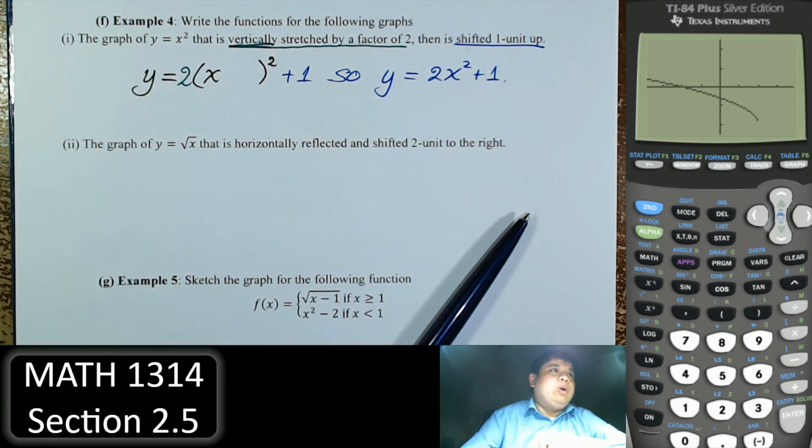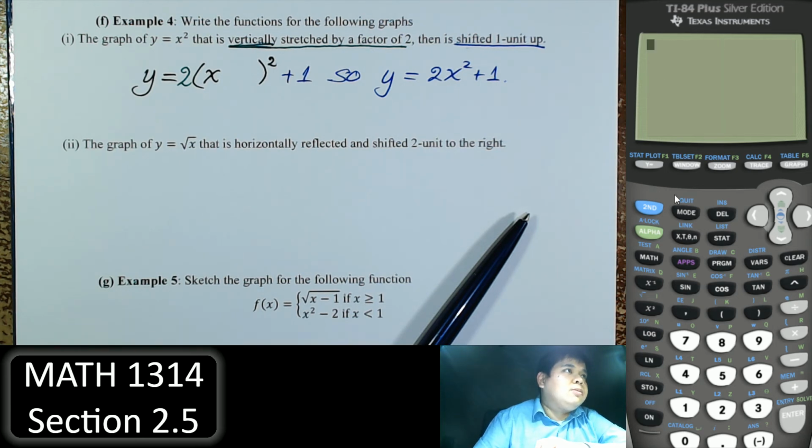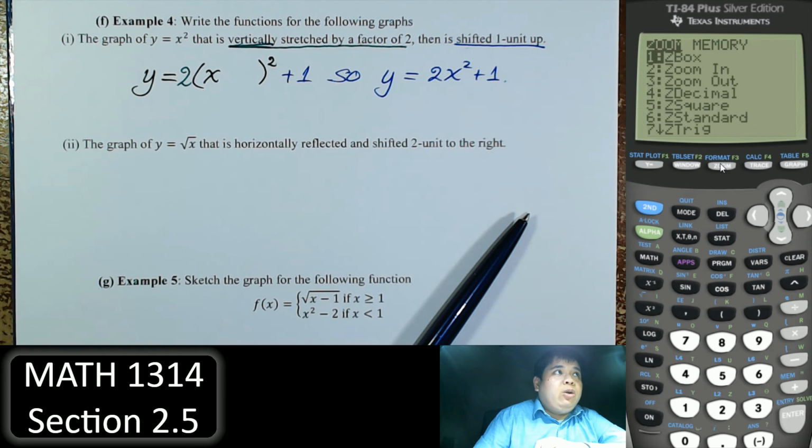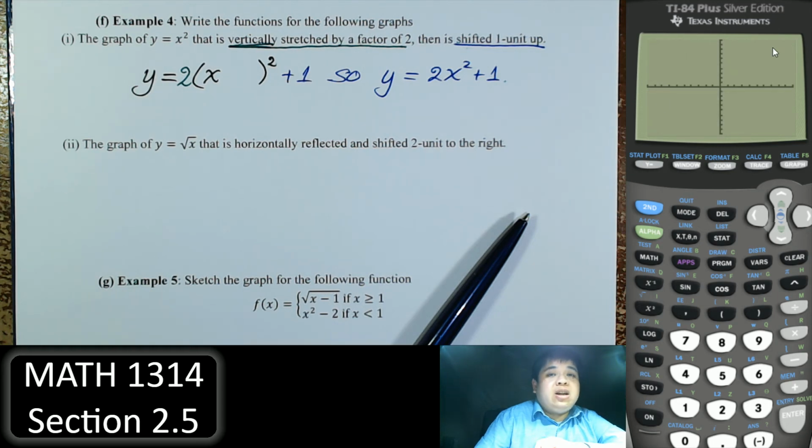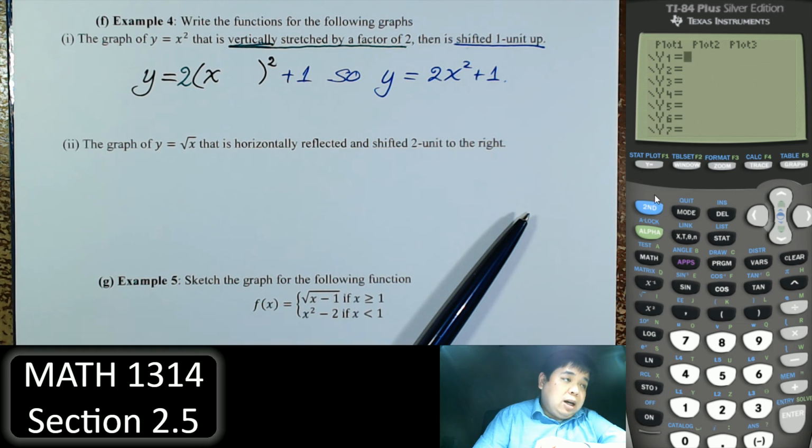Now, of course, we can test them. By the way, when we're done with the graph and you want to get back to the original window, just hit zoom number 6. That gives us the standard window, 10 by 10 each. Right, x squared, 2x squared plus 1. X squared, then we stretch by 2.